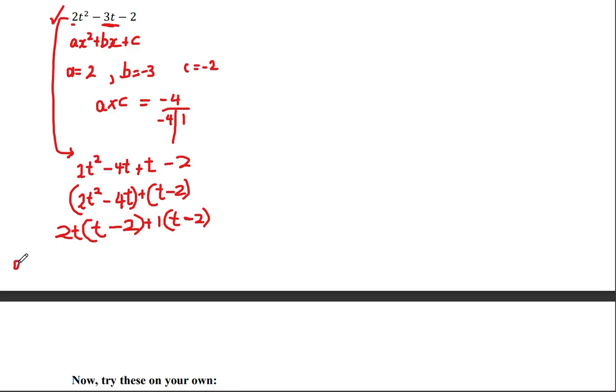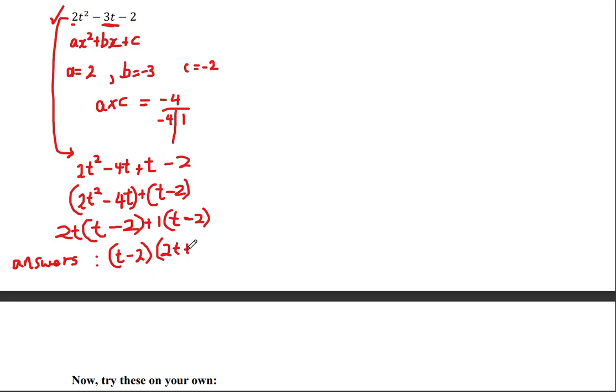So our answers are going to be t minus 2, which is the common factor in parentheses here. We just write down that common factor. And my next factor would be simply found by pairing the outer terms, which are in front of these parentheses, which is 2t plus 1.